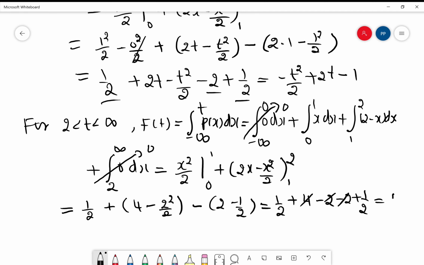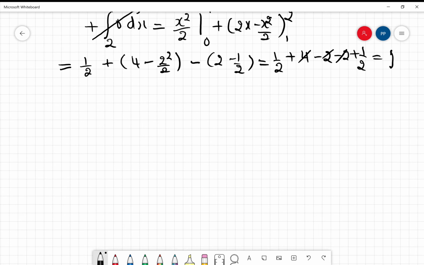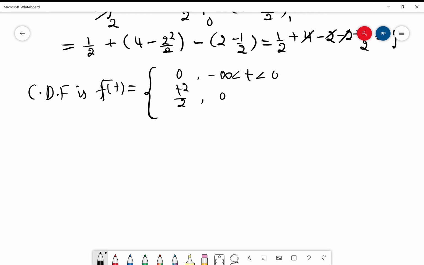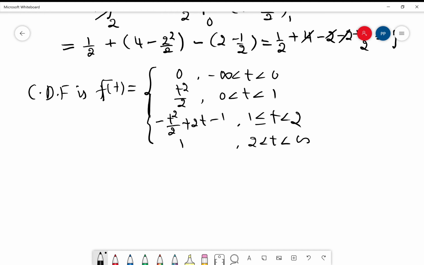Now, therefore the CDF is F of t equals 0 for minus infinity less than t less than 0, t squared by 2 for 0 less than t less than 1, minus t squared by 2 plus 2t minus 1 for 1 less than or equal to t less than 2, and 1 for 2 less than t less than infinity.